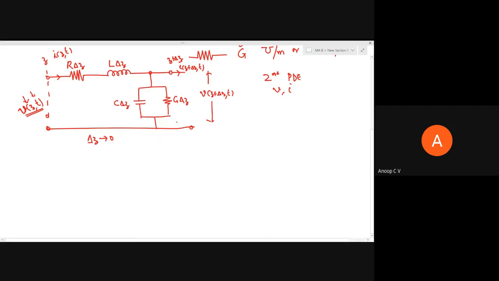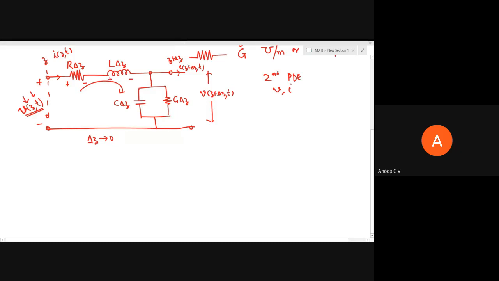Now for this particular loop, I'm going to write the KVL equation. The voltage here is V of z comma t, with minus plus polarity. There will be some voltage drop across this resistor, with plus minus polarity, and across the inductance there will be some voltage, again plus minus.